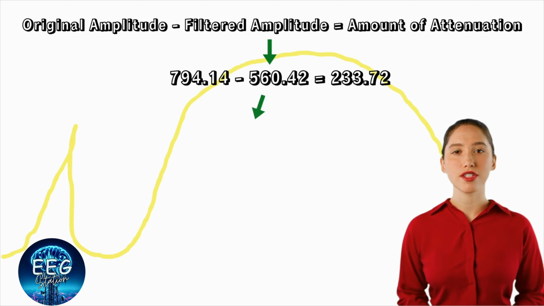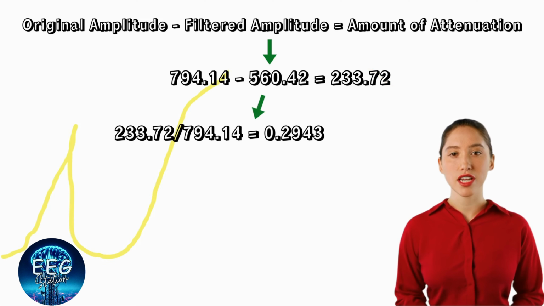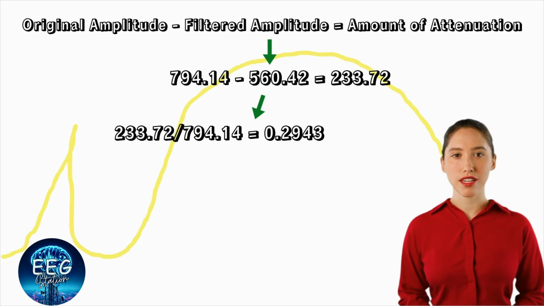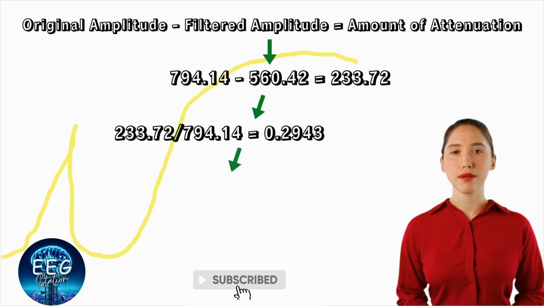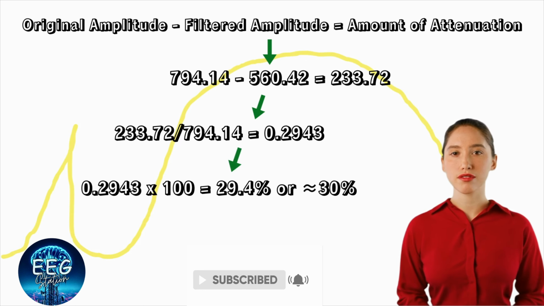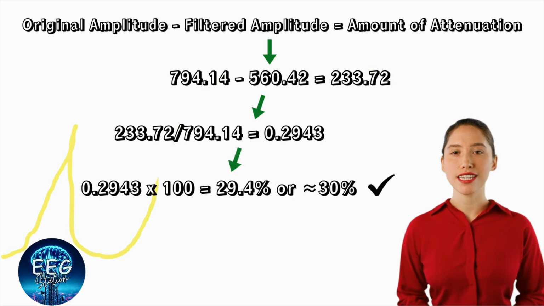Then we divide this value from the original unfiltered amplitude to derive the attenuation amount. 233.72 divided by 794.14 is equal to 0.2943. Multiplying by 100 gives us 29.4%, or very close to the expected significant attenuation percentage of 30.